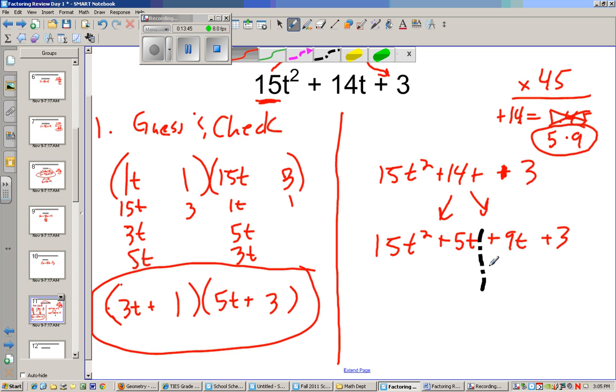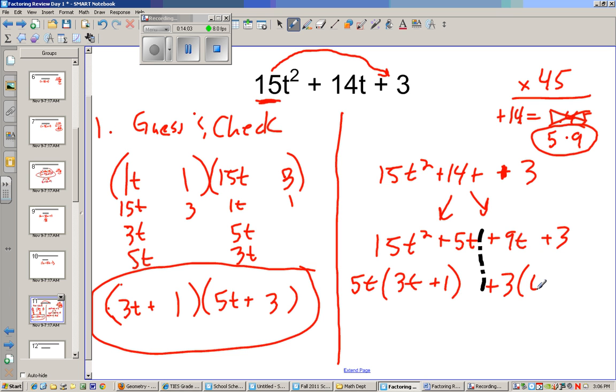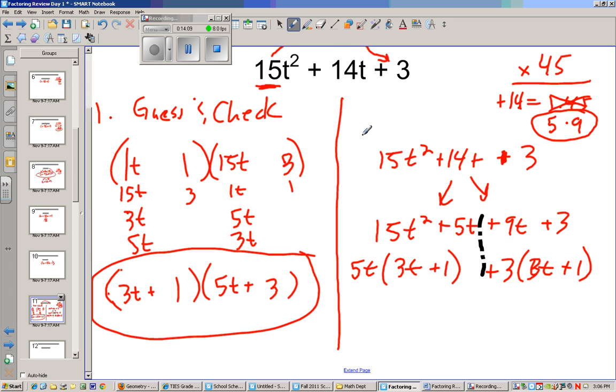So now I want to just factor out whatever I can from these first two terms. I can take out a 5t from them, and what will be left over here is 3t plus 1. Over here, I can take out a plus 3, and I'll also have 3t plus 1. Now here's where it gets a little confusing.